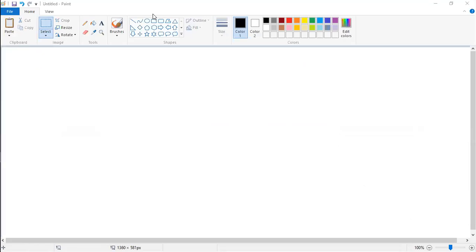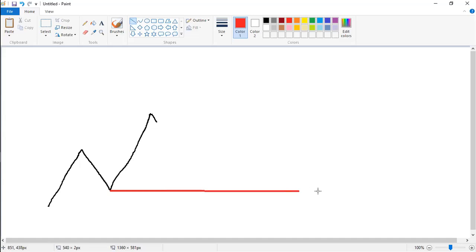So again, higher high, higher low. Break market structure here. Higher high, higher low, higher high. When you have a new higher high, like I said, take your trend line, do this, and do this, right?